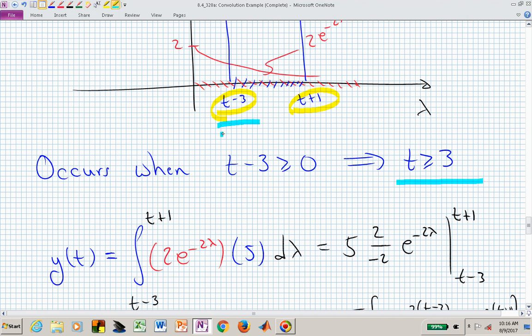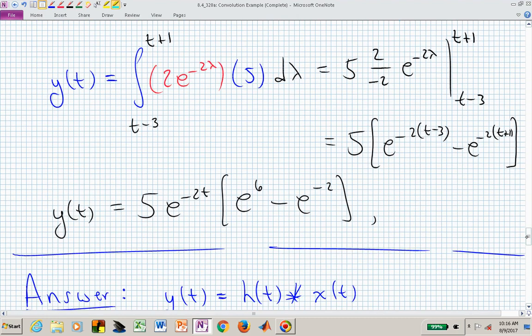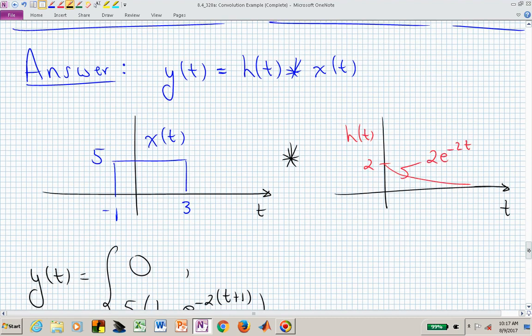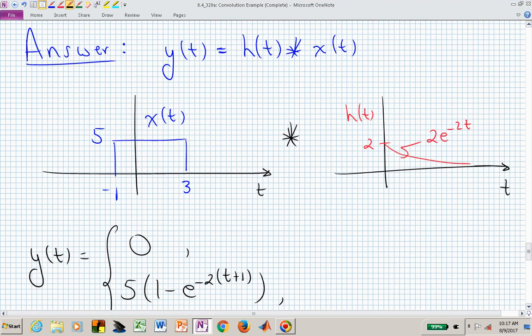That was what allowed t minus 3 to move to the right of lambda equal to 0. So this expression for y of t is valid as long as t is greater than or equal to 3.